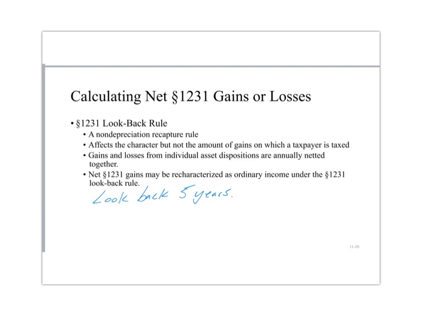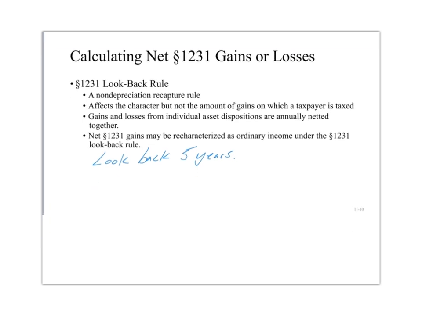If in the last 5 years you've deducted Section 1231 losses as ordinary, then any of your Section 1231 gains that you would like to recognize are recaptured as ordinary. All right, so hold on, let me write that down. And then we'll do examples of this when we do our practice problems in class.